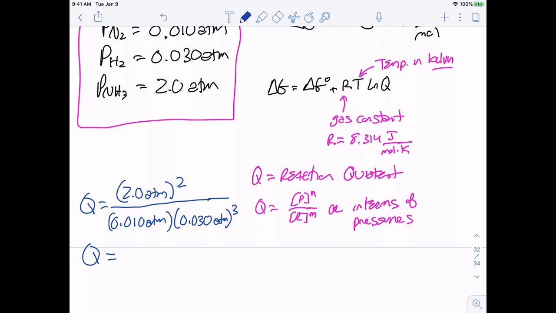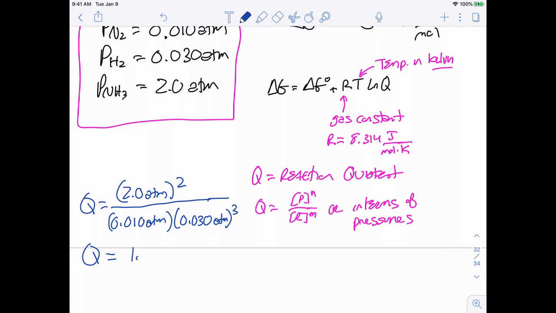So I'm going to take 2, raise it to the second power, so 4, and then divide it by all my stuff on the bottom. And I get a really big number.